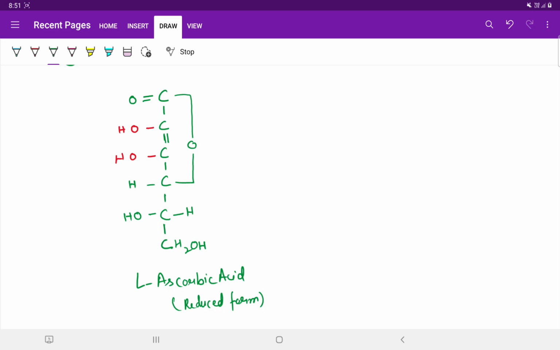L-ascorbic acid easily undergoes oxidation to form dehydroascorbic acid, and this reaction is a reversible reaction. So it gets easily oxidized.